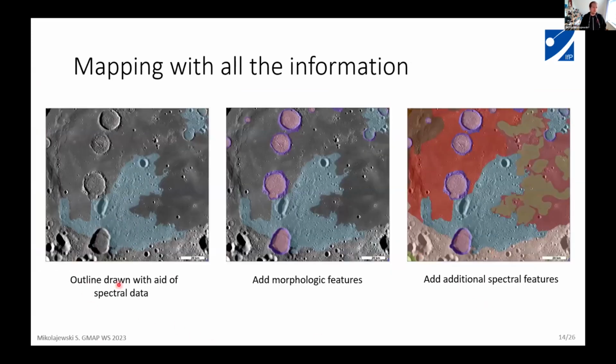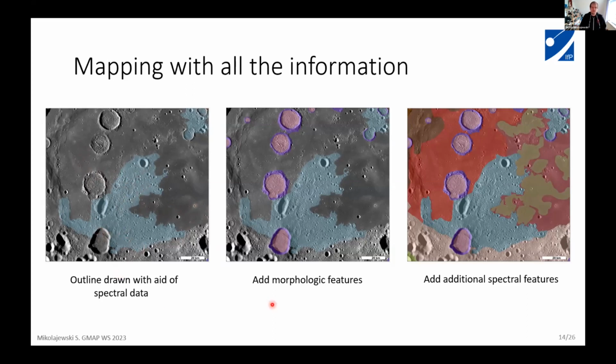So I'll start with drawing an outline of a first unit related to the spectral data I gathered, difference in albedo, and also a difference in how the surface looks. If you look, this surface left and right from this central part is less cratered. This one is a bit higher in albedo, this one is darker, and this one here is heavily cratered.